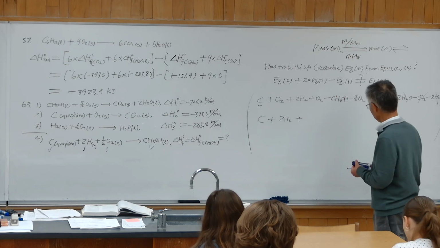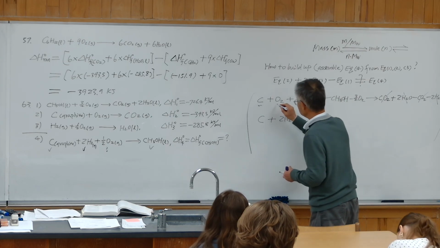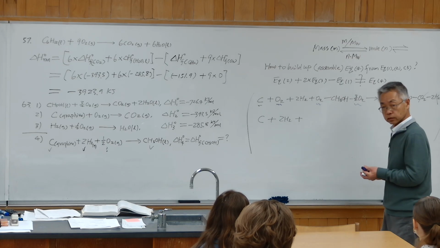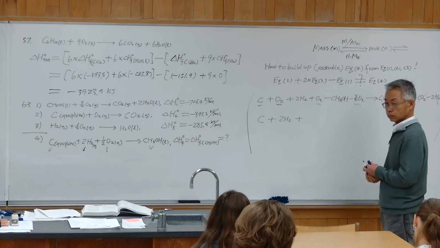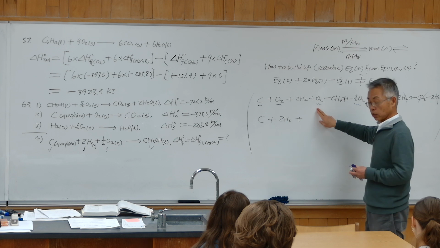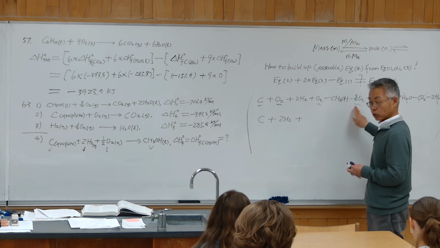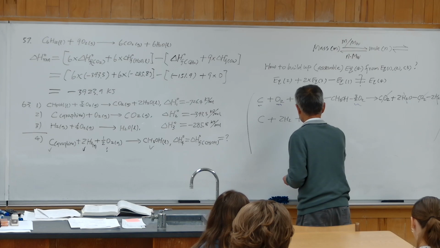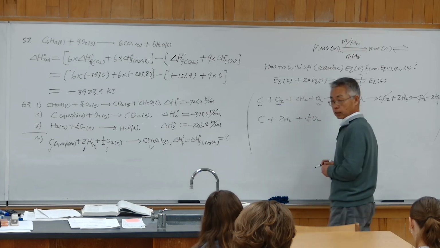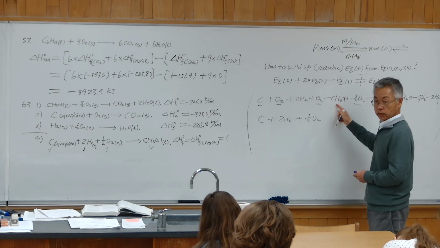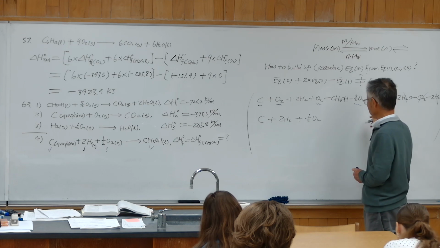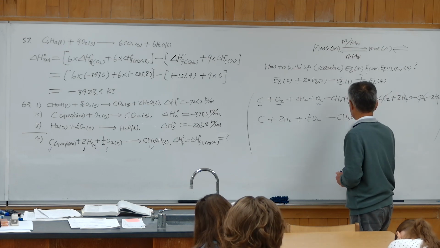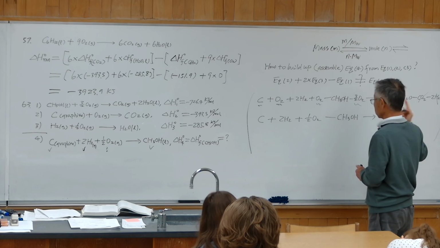Then oxygen, you find we have oxygen there. 1 oxygen plus 1 is 2. 2 minus 3/2, left over 1/2 oxygen. Right? This only 1, nothing to combine. Minus CH3OH. Right side, nothing left.